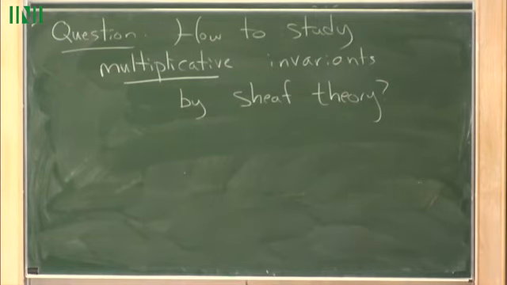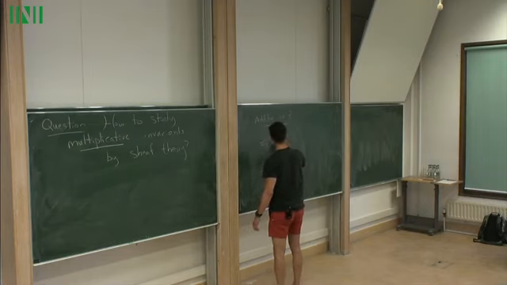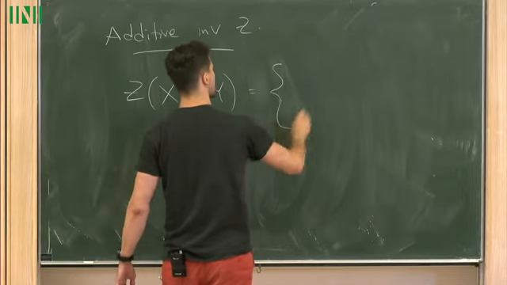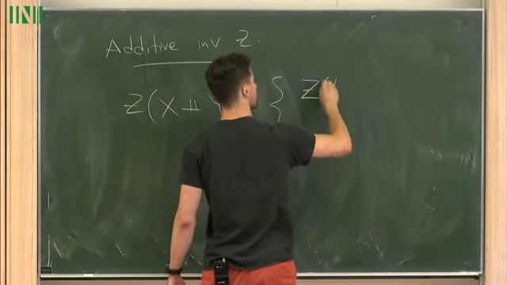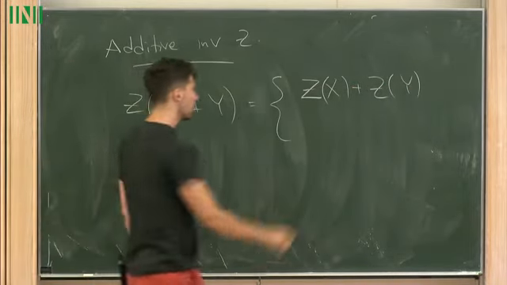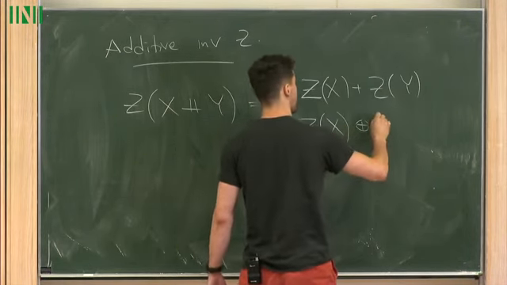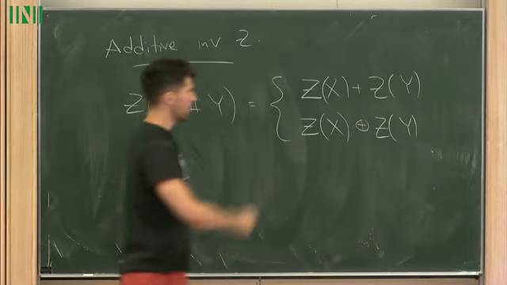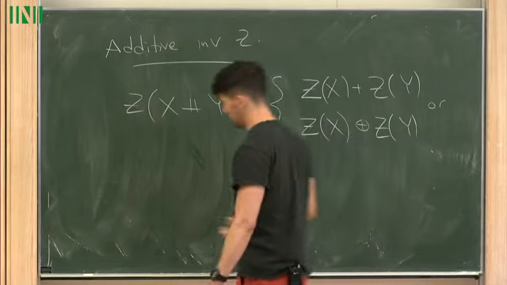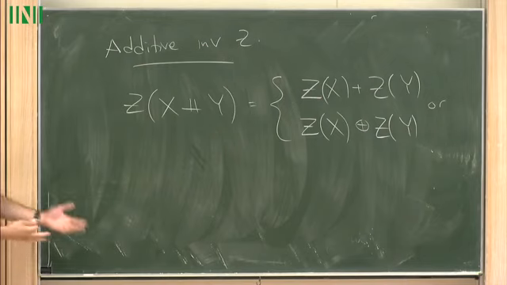An additive invariant, the 20th century analog of this story, would be one whose value on a disjoint union of two spaces or two manifolds is, if it's numerical, given by the sum of the numbers associated with each of the components, or if it was valued in chain complexes or spectra or something like that, given by the direct sum, depending on the categorical value of what this Z is.